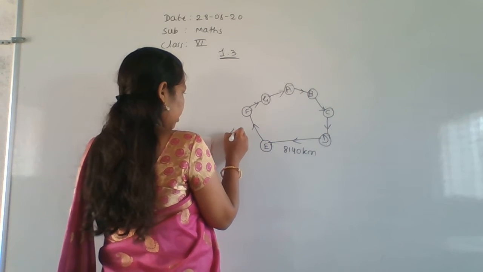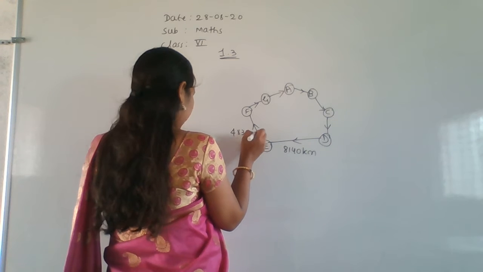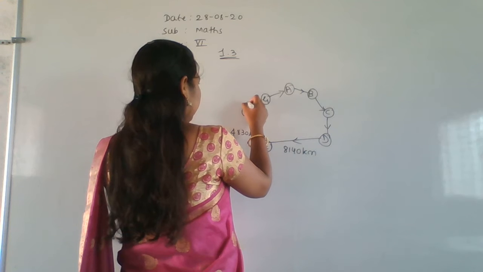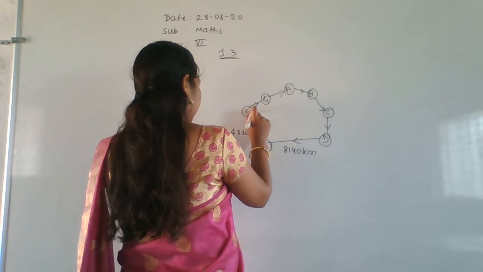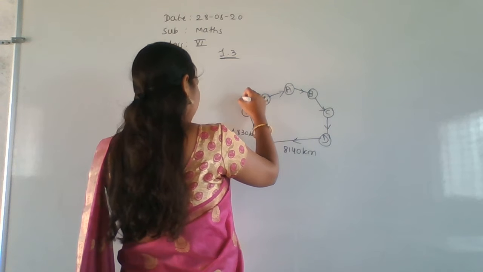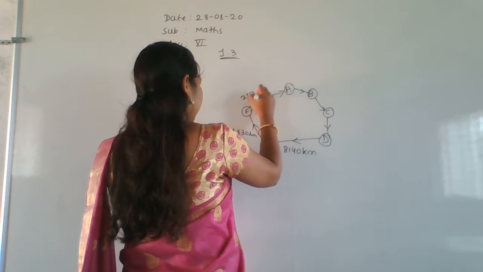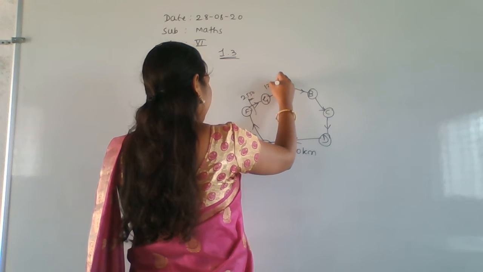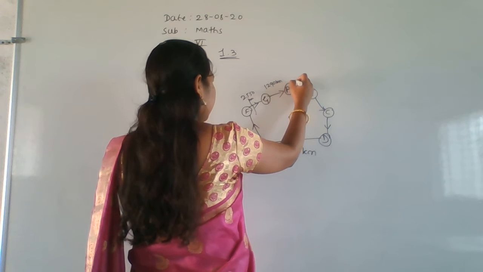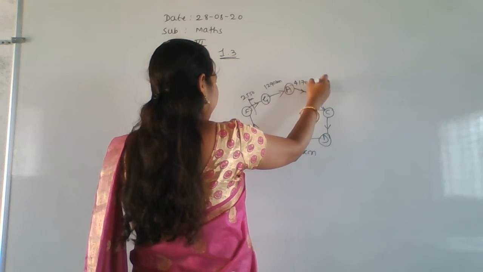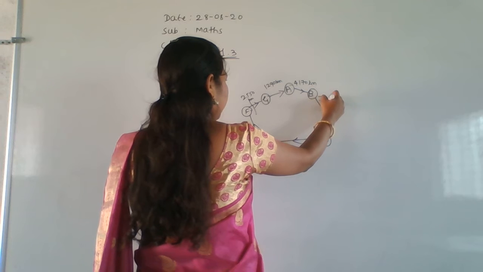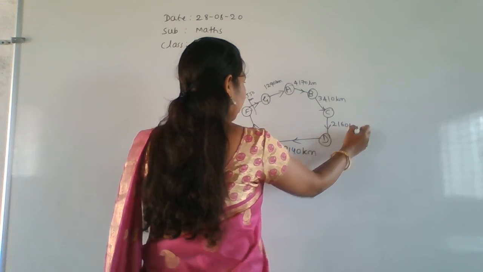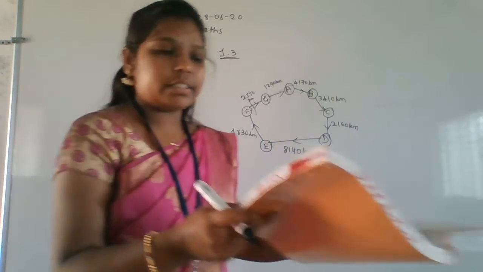Here 4830 kilometer, and 2550 kilometer, and G to A is 1290 kilometer, and A to B is 4170 kilometer, and 3410 kilometer, 2160 kilometer. They gave the distances here.